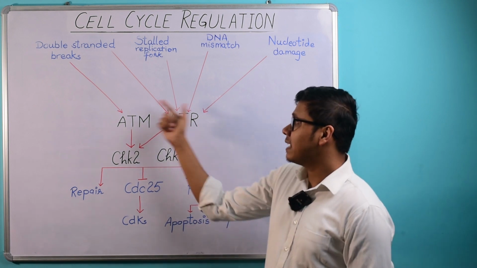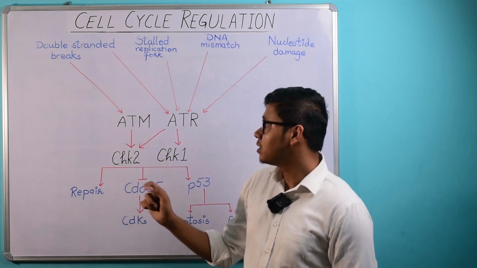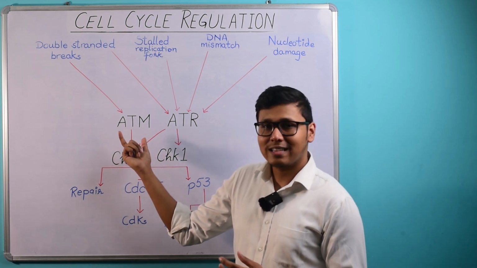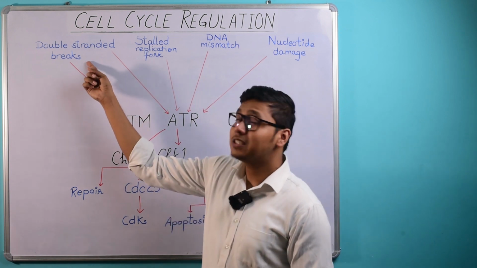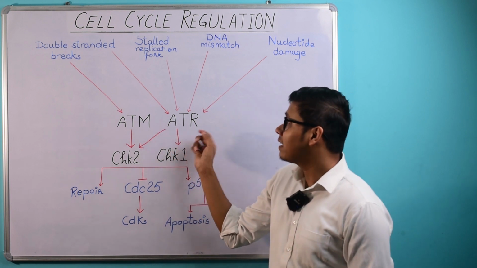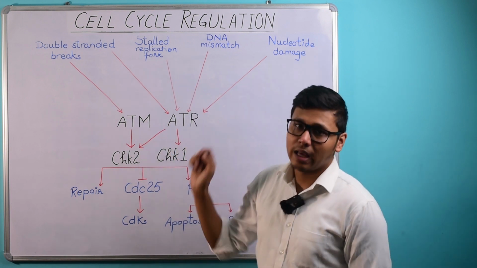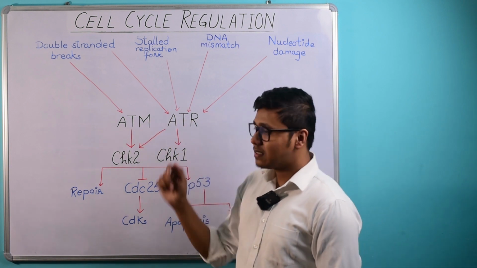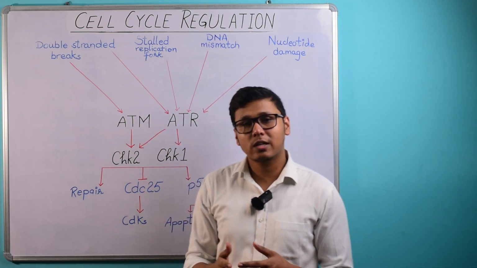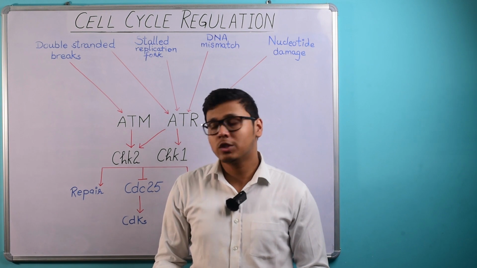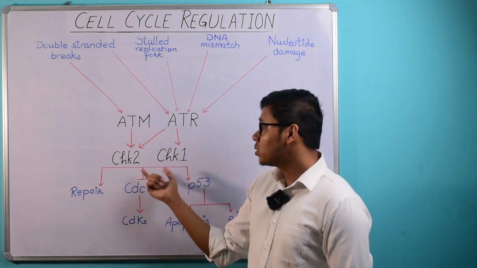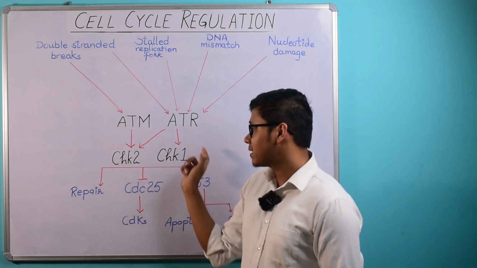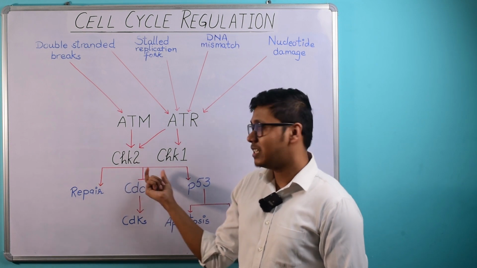They basically sense any kind of DNA damage. ATM, being a very specialized kind of protein, senses only double-stranded damage, and ATR senses any kind of damage in the cell. So when these proteins sense damage, they are recruited to the site of the damage, and then they recruit some other adapter proteins to that site, which are CHK2 and CHK1.